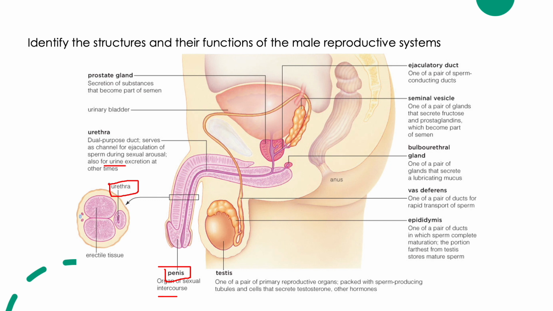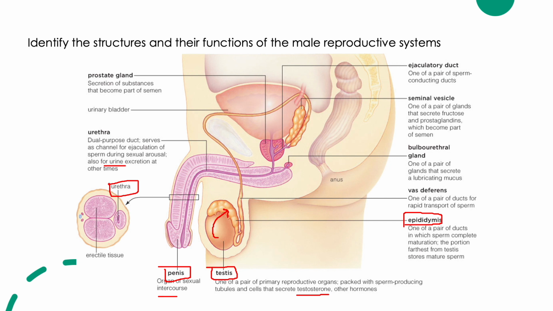Then we have the testes, which are two in number, and they produce the male reproductive hormone called testosterone. At the top of the testes, there is a highly coiled tube called the epididymis. Sperms are produced in the testes, go into the epididymis and stay there until their maturation.